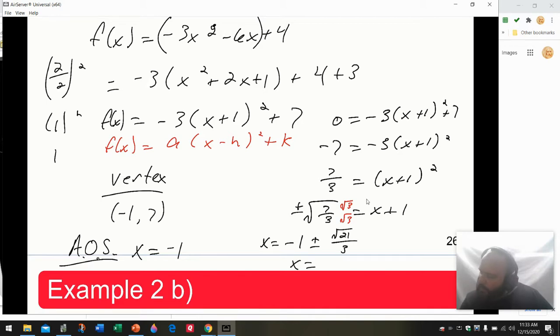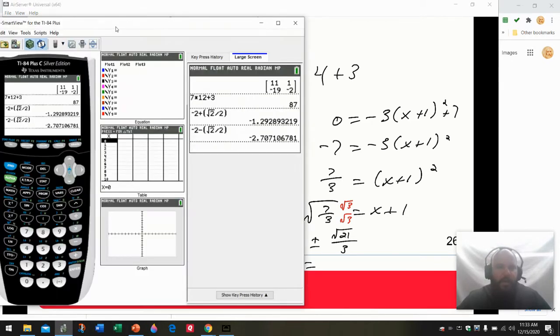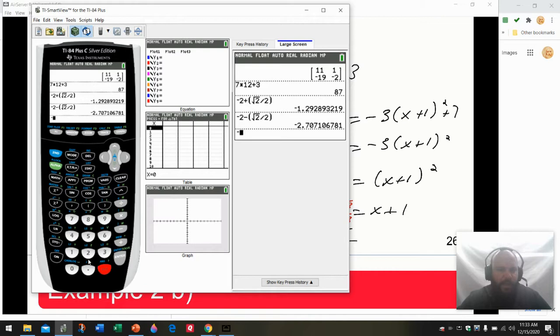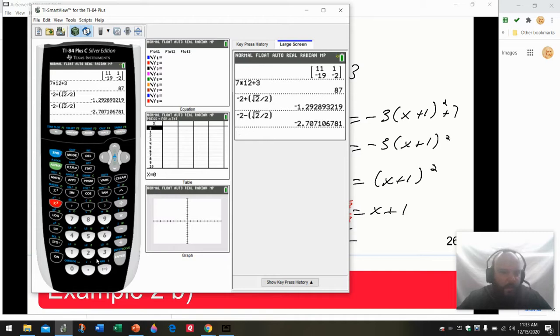Now, if I were to type that into my calculator, which I'm going to do right now, we're going to take this and we're going to write -1, and then we're going to do plus, and then we need to do the square root of 21, divided by 3.